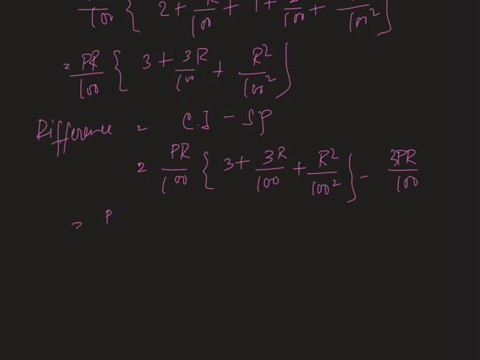So if we take PR divided by 100 as common, we get 3 plus 3R divided by 100 plus R square divided by 100 square minus 3. So here 3 cancels out.